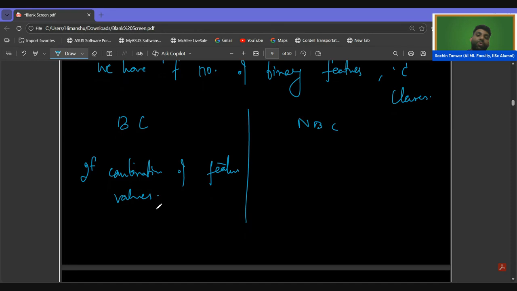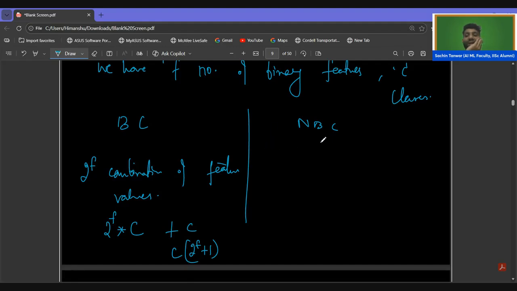Now, what about the likelihood values, the probability values I would need? I would need for all the combination per category. How many categories or classes are there? C. So that means 2 to the power f into C plus the prior values, C. It would be 2 to the power f plus 1 into C. You can see over here.